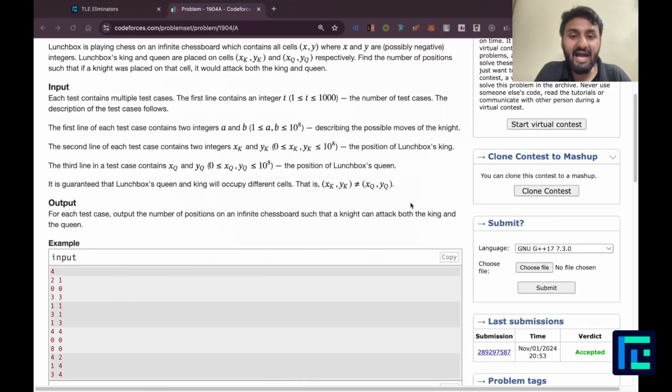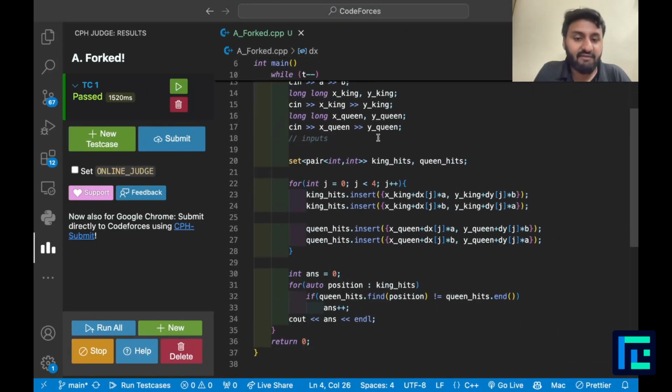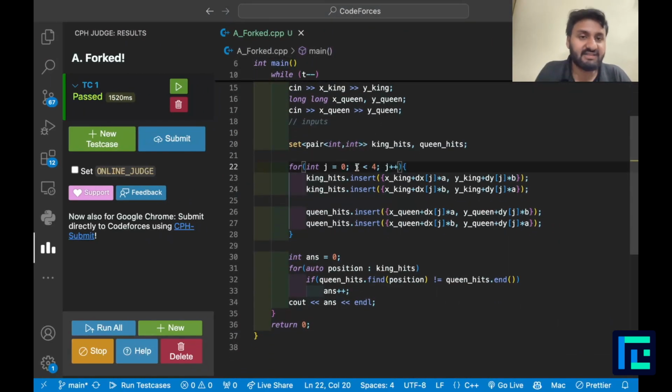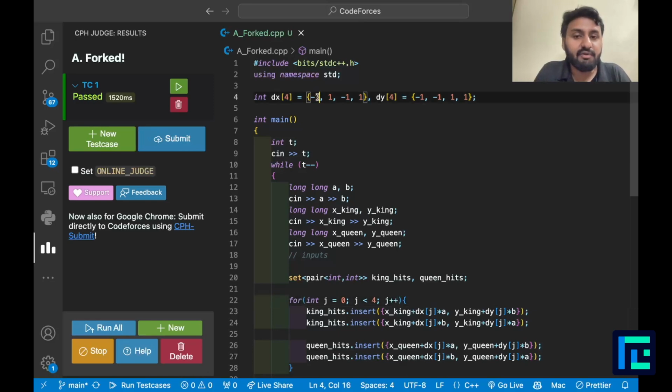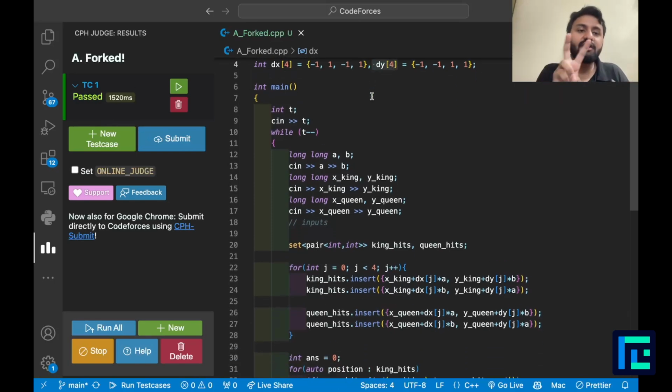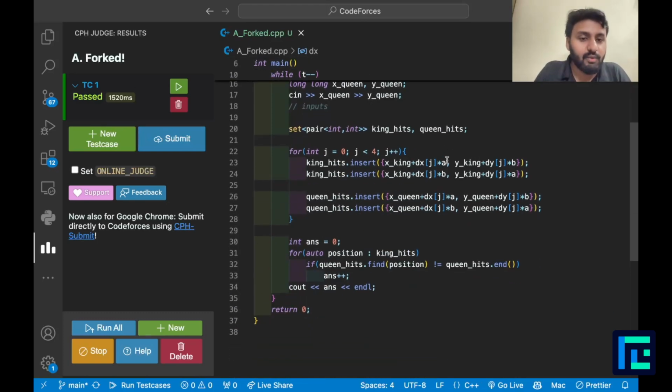When I understand this quadrant method, I run a loop from 0 to less than 4. Basically, I pick up one location from dx and one from dy, and consequently I get dx of j and dy of j. Together they give me one quadrant. Then I multiply those coordinate values in A and then B, and in the other insertion I multiply to B and then to A. So these two lines give me those 2 points in a specific quadrant.